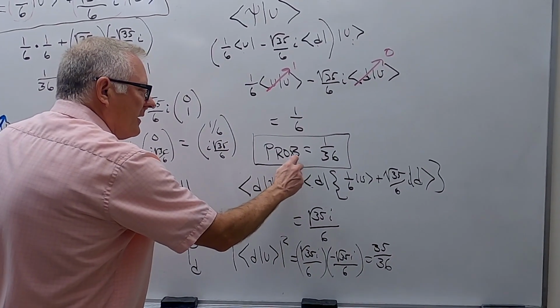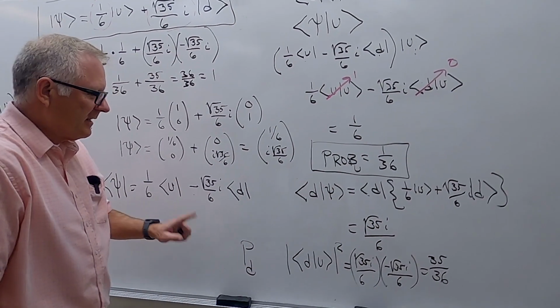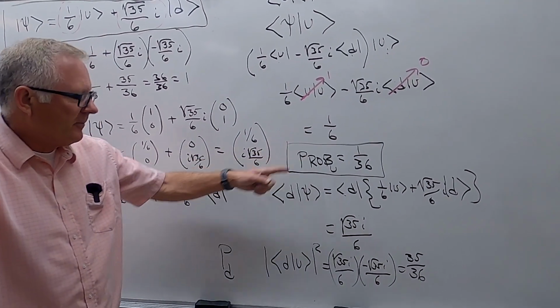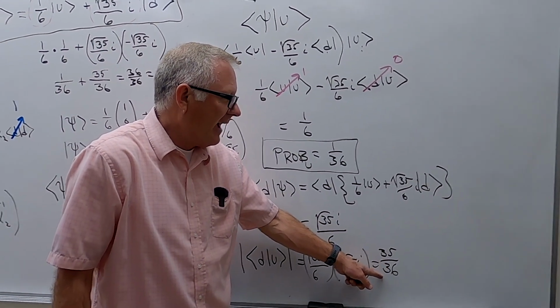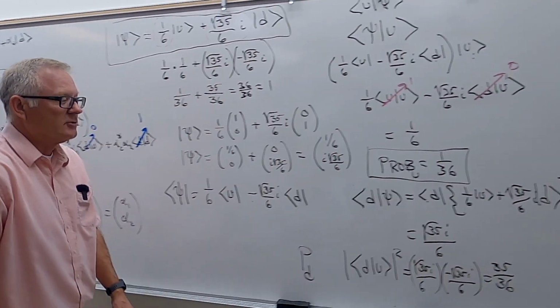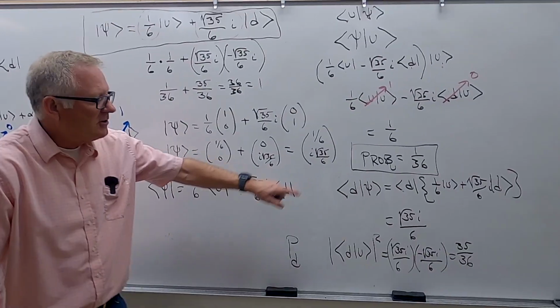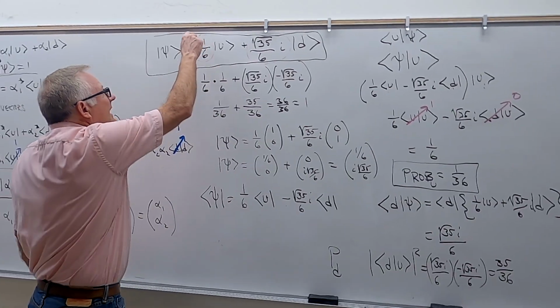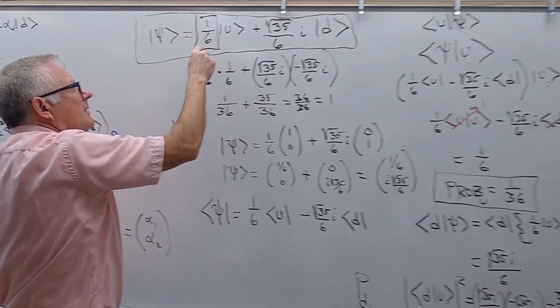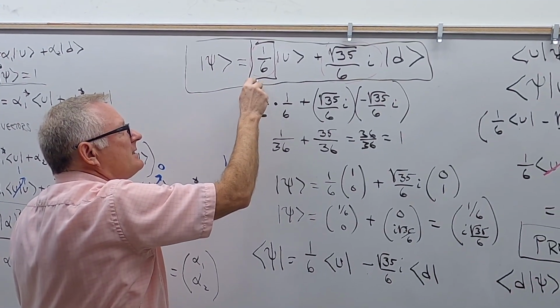This was the probability of measuring up. And it makes sense because it has to be either up or down. So 35 out of 36 of them would be going down, and 1 out of every 36 would be going up. The sum of these two has to equal 1. You notice, when I took the magnitude of this squared, isn't that 1/36?